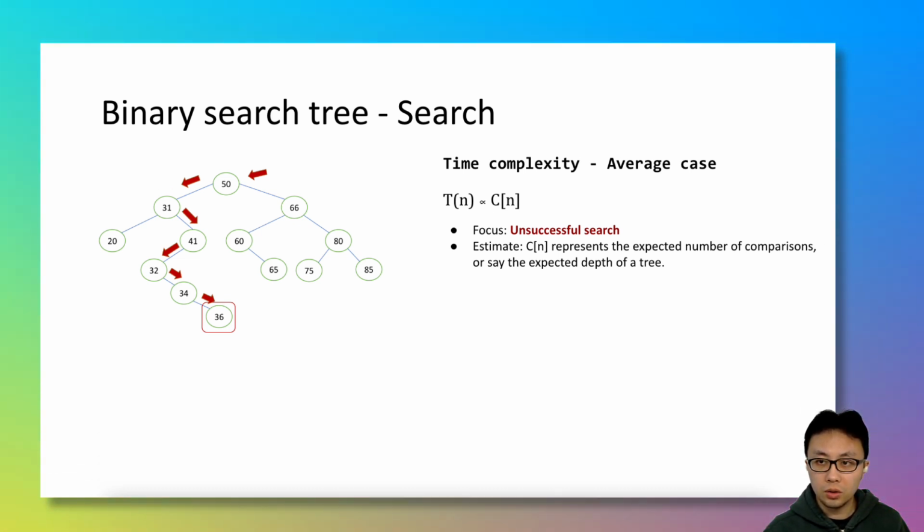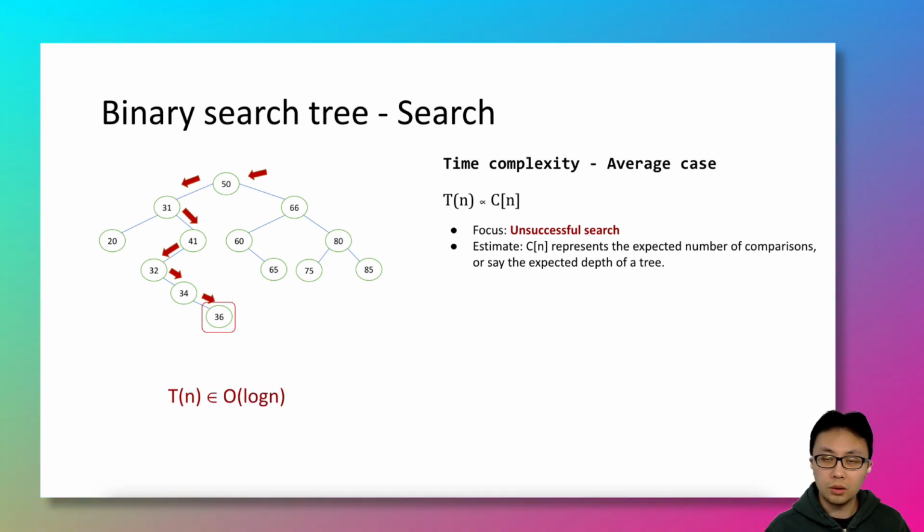Each unsuccessful search takes the same number of comparisons as the height of the tree. The time complexity is in proportion to the total number of comparisons, considering each comparison only takes a constant number of steps, or say constant time to run. As a result, under this scenario of unsuccessful search, the time complexity is log n.